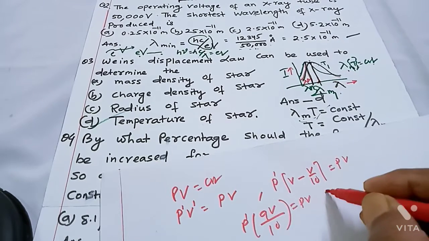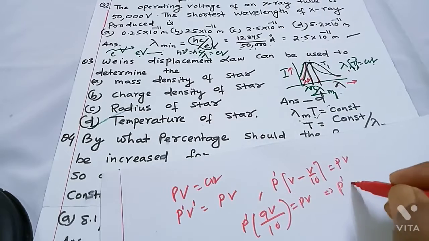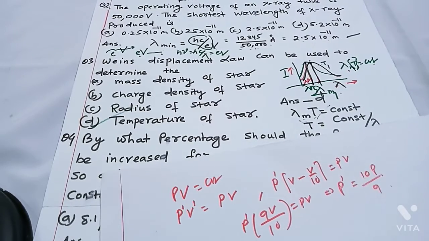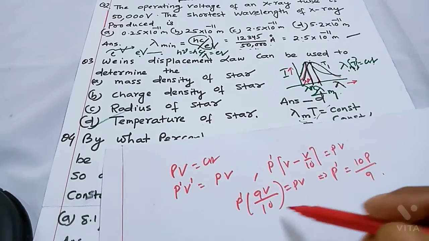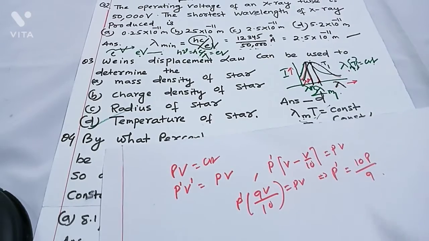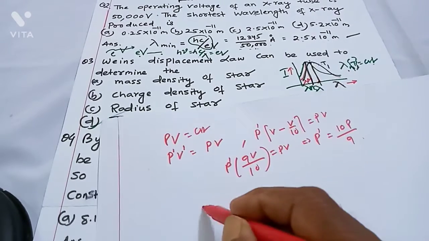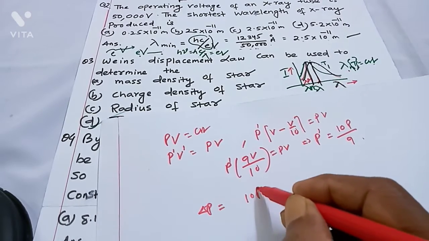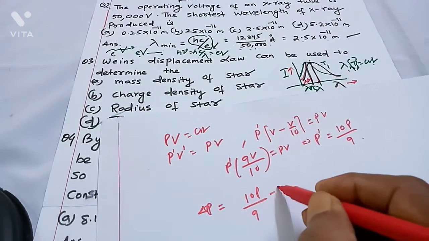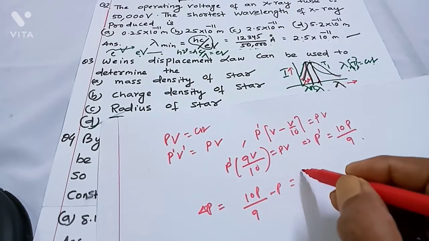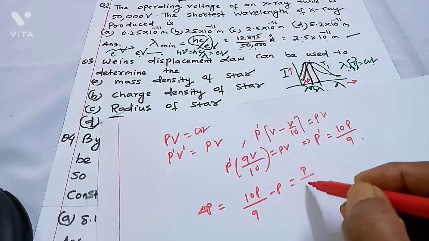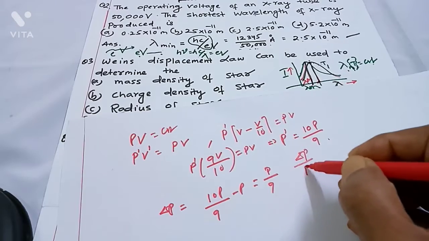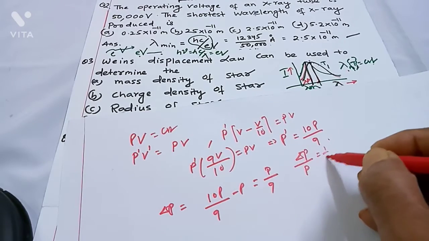So P dash equals 10P by 9. So the change in pressure delta P equals 10P by 9 minus P, that is equal to P by 9, or change in pressure per unit original pressure is 1 by 9.